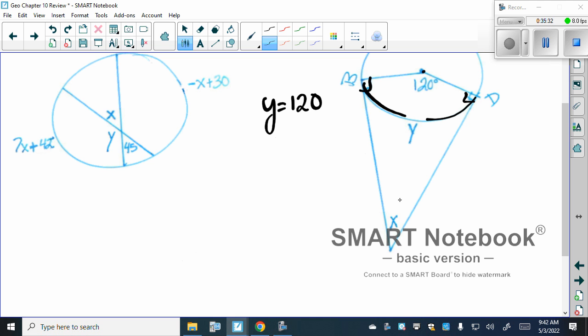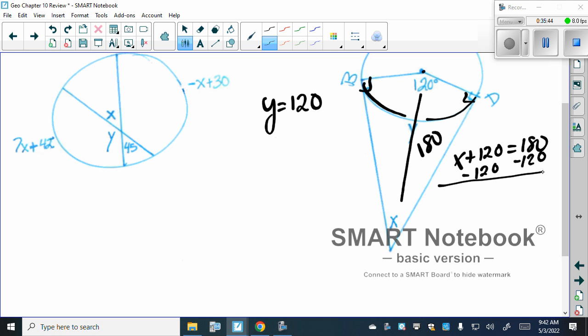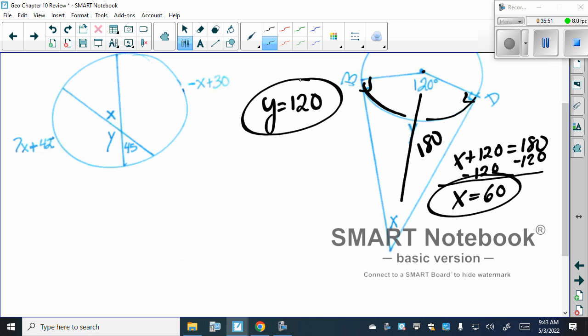So these two here have to add up to be 180. So x plus 120 is, yep, that worked out coincidentally, but it doesn't always work out to be that way.